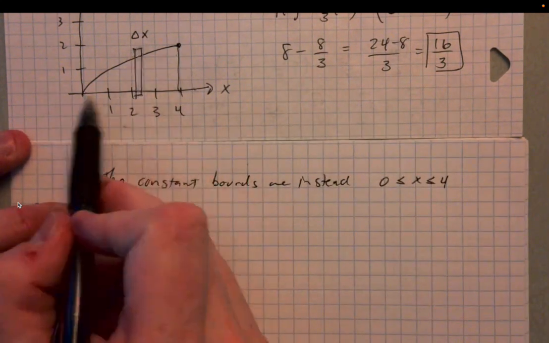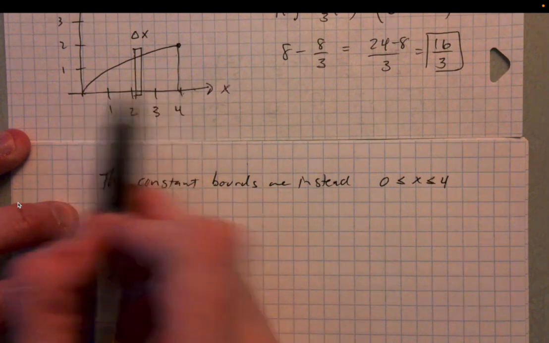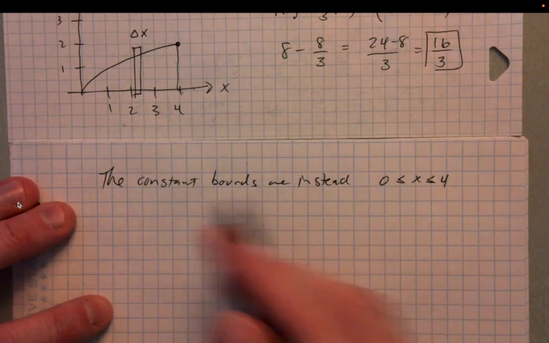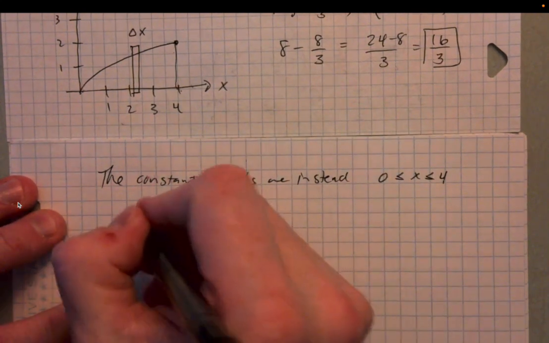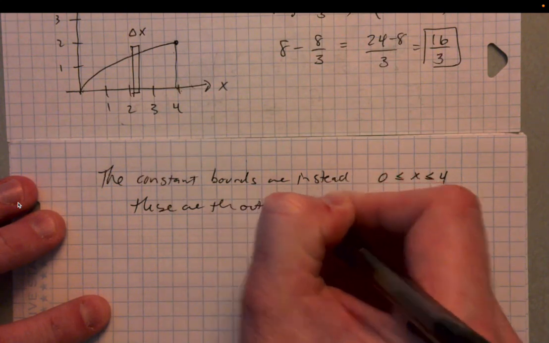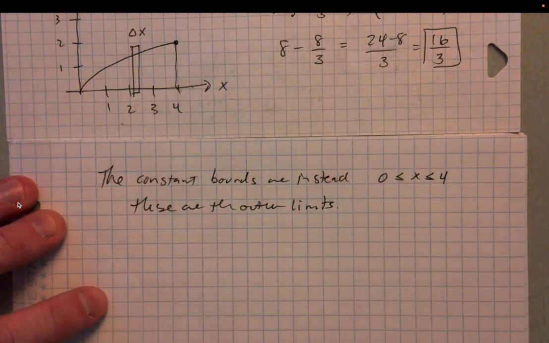Right, because this delta x has to go from 0 up to 4. So these are going to be the outer limits. What about the inner limits?